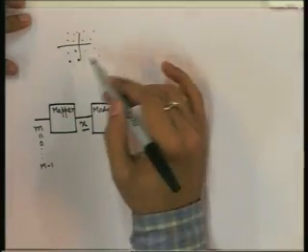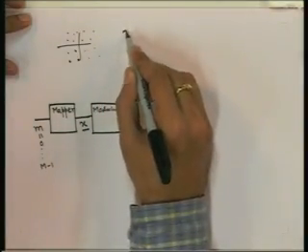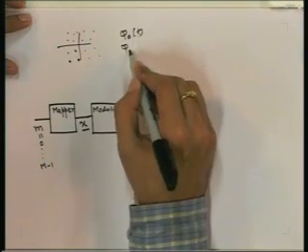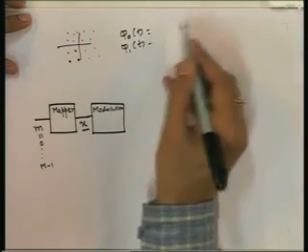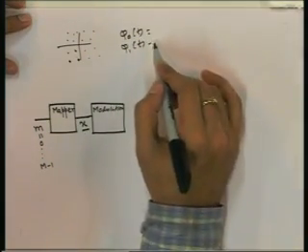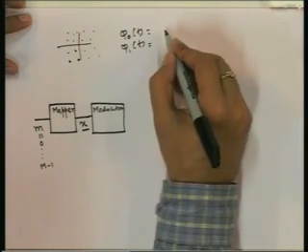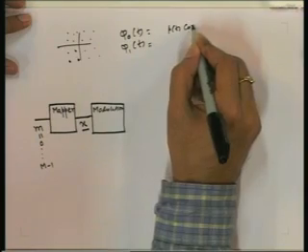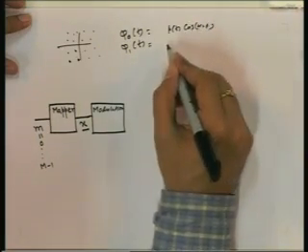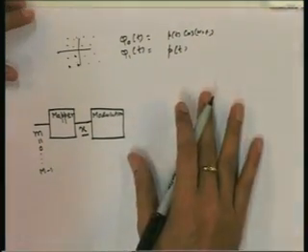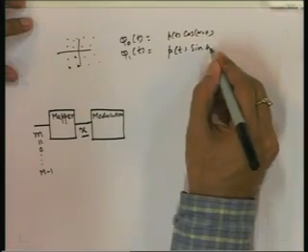For QAM signal, for example, we will have two basis functions, phi 0 t and phi 1 t. One is p t cosine omega c t, and the other is p t sine omega c t.